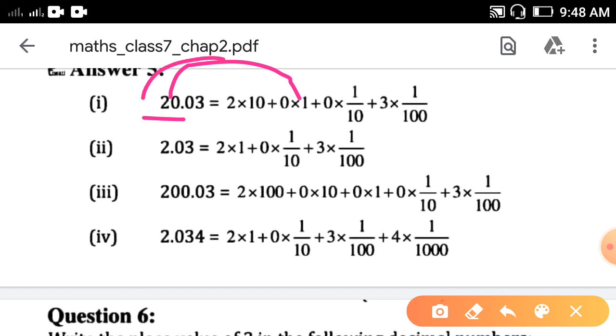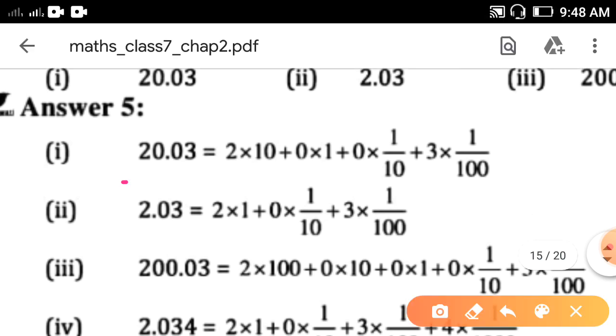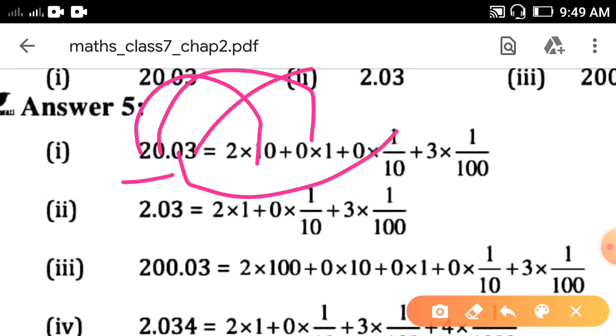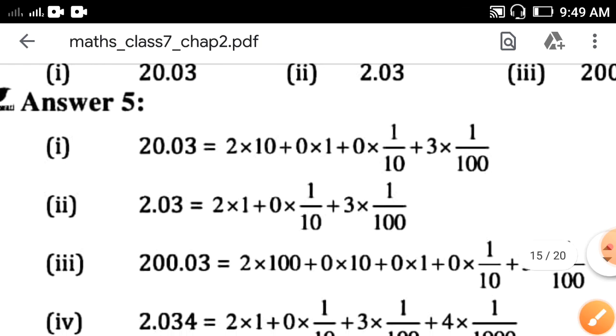Then 2 is on the tens place. 0 is on the ones place, so multiply by 1, and 2 is in the tens place, so multiply by 10. Then on the right side of the point, 0 is on the tenths place, so divide by 10. 3 is on the hundredths place, so divide by 100.